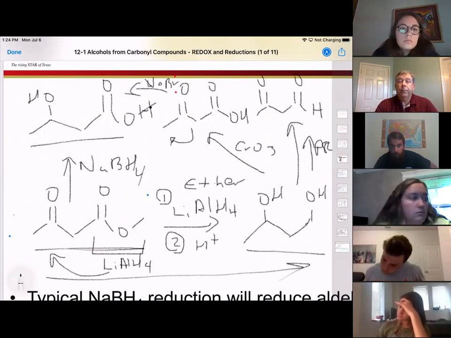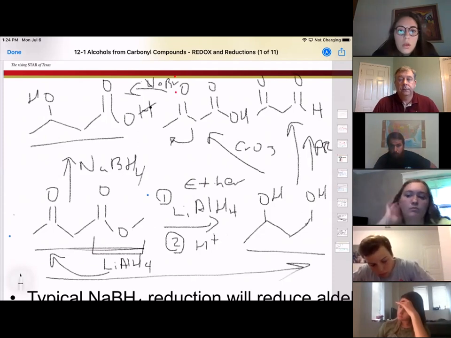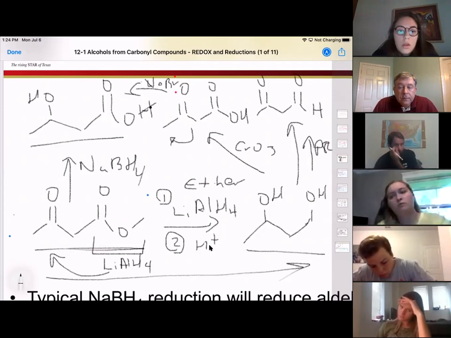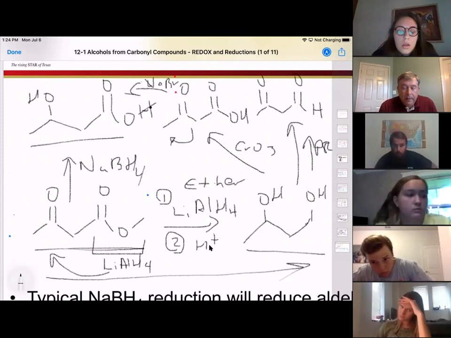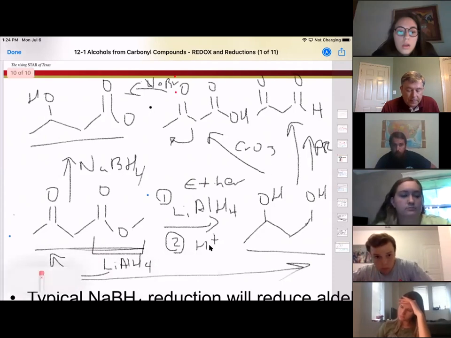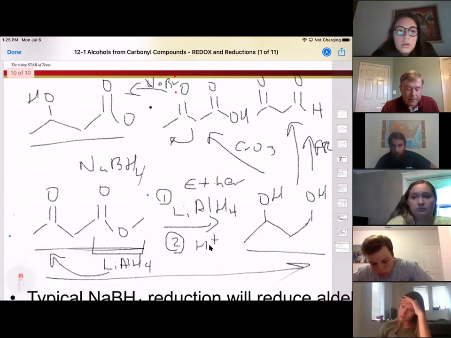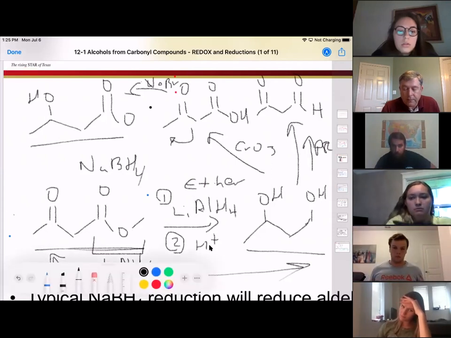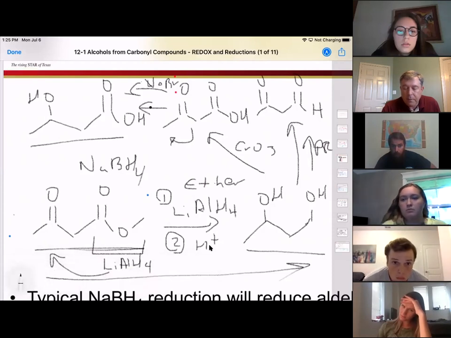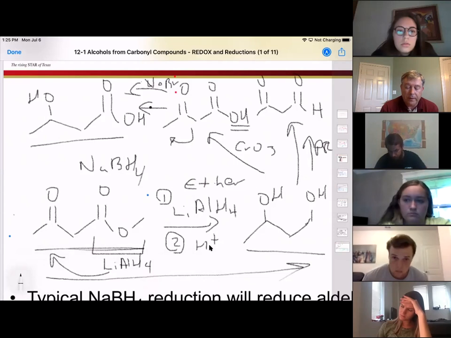So I'm going to open it up for questions on strategy. Yes, Clay. Is that a hydrogen, or is that a hydroxide right there? Okay, yes, it was an ester when I did the first reaction, but now it's a hydrogen, because in this reaction the hydrogen was already there, and the carboxylic acid is not affected by sodium borohydride.